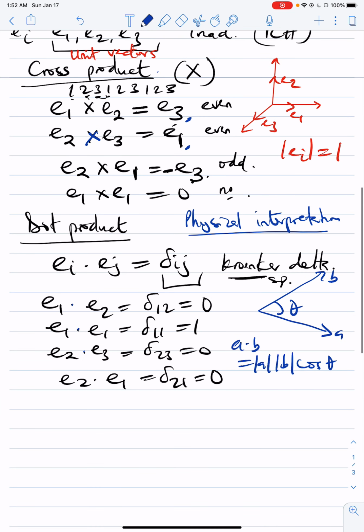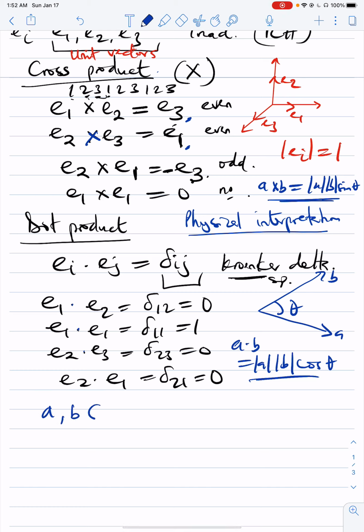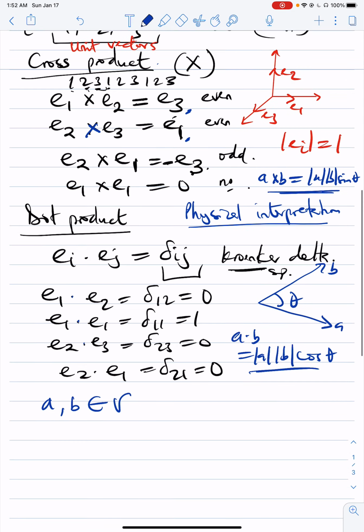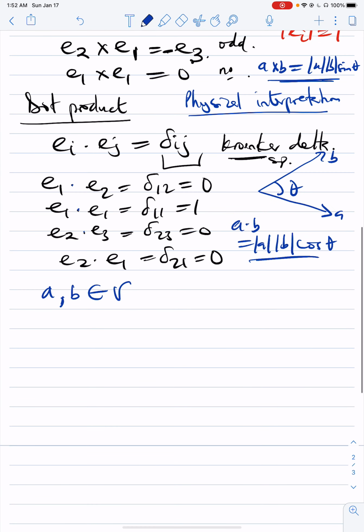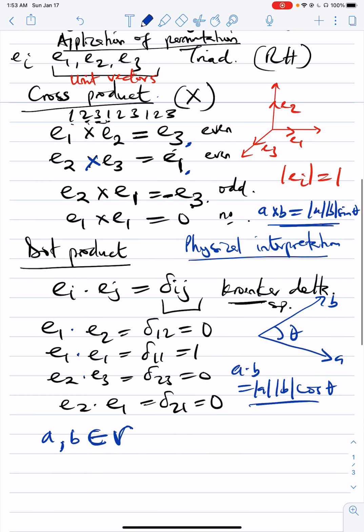For a cross product, you get A cross B, it's equal to A B sine theta, right? So that's the difference. And don't forget that A and B are vectors, right? This symbol means A and B belong to a class of vectors, or are the vectors themselves. I hope I've made things clear enough.